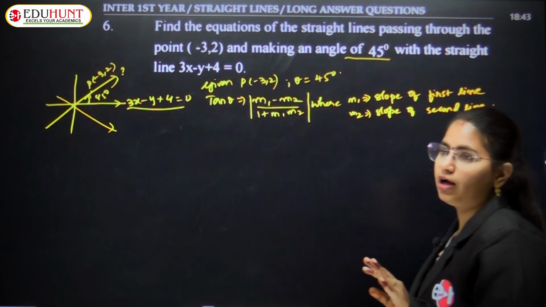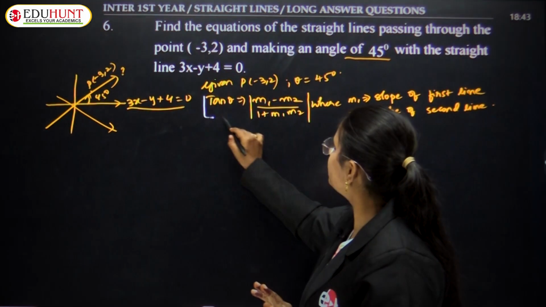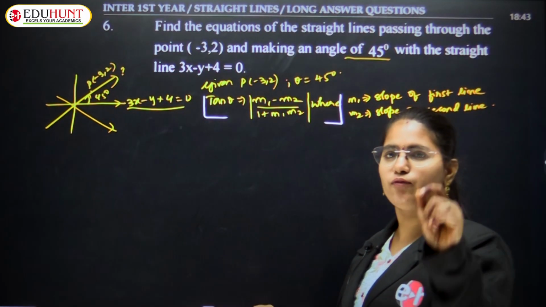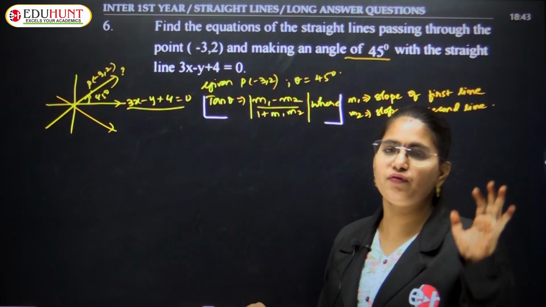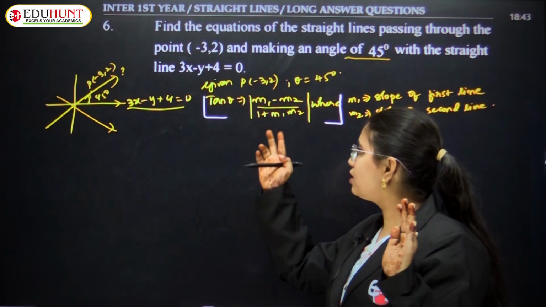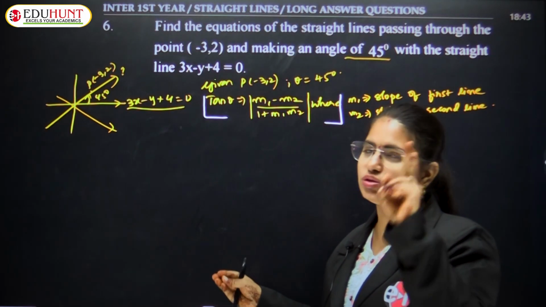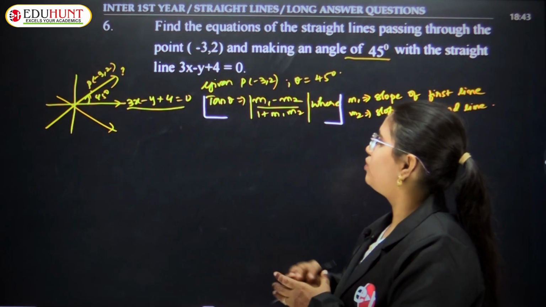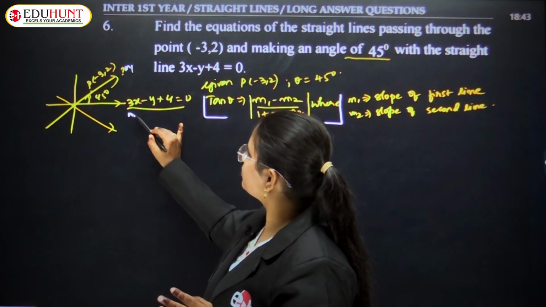Let us highlight this. I started my problem with tan theta is equal to modulus of (m1 minus m2) by (1 plus m1 m2). Where do we apply this? This is the formula for the angle between two straight lines, a simple concept. Let us imagine this is m1 and this is m2.